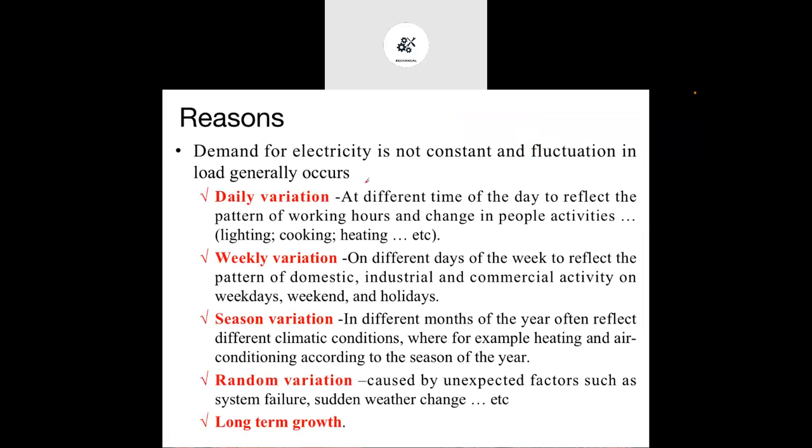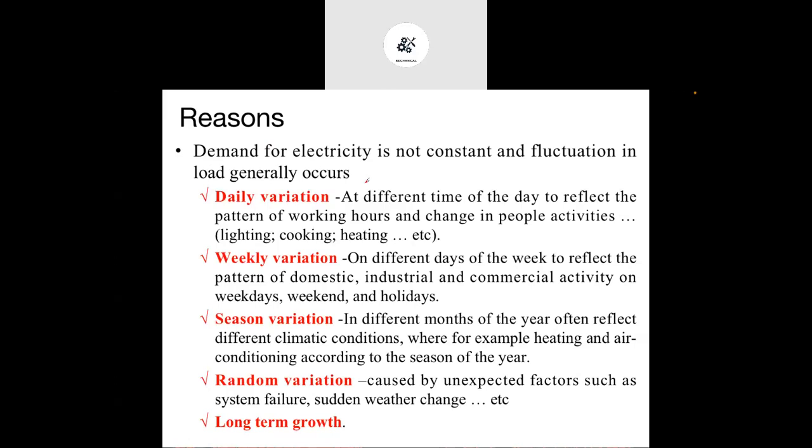So why do we use those load curves? What is the demand of electricity? If you want to consider the variation of the demand during one particular day, during a particular week, or the season, we have to draw the load curve. The demand for electricity is not constant throughout the day, the year, or the season. It is continuously fluctuating.